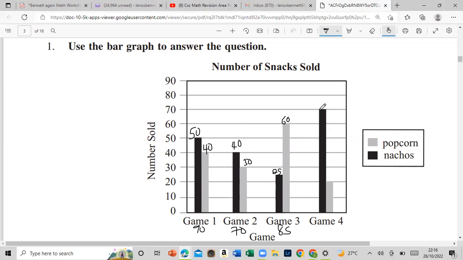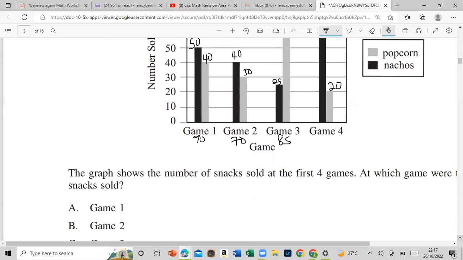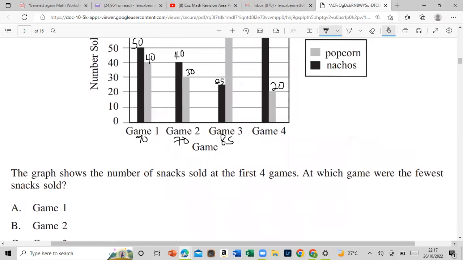We have all the way up to 70 here, plus 20, so this is 90. So our answer would be game 2. Notice what the question said: at which game were the fewest snacks sold? So that's being the least. So that would be game 2.